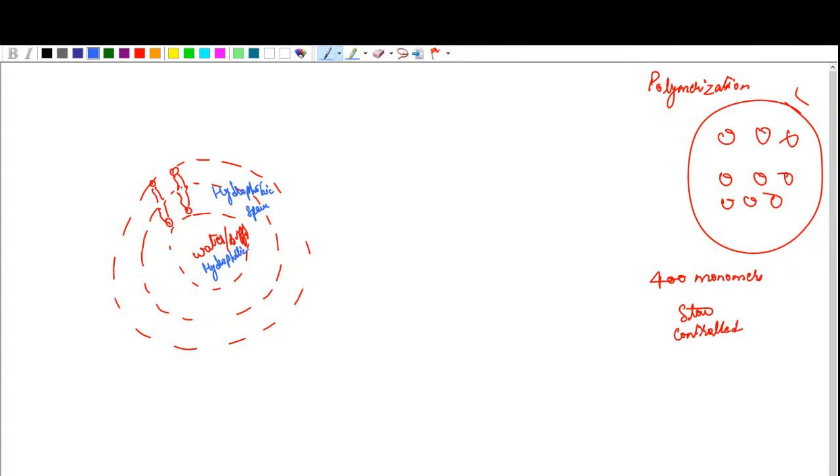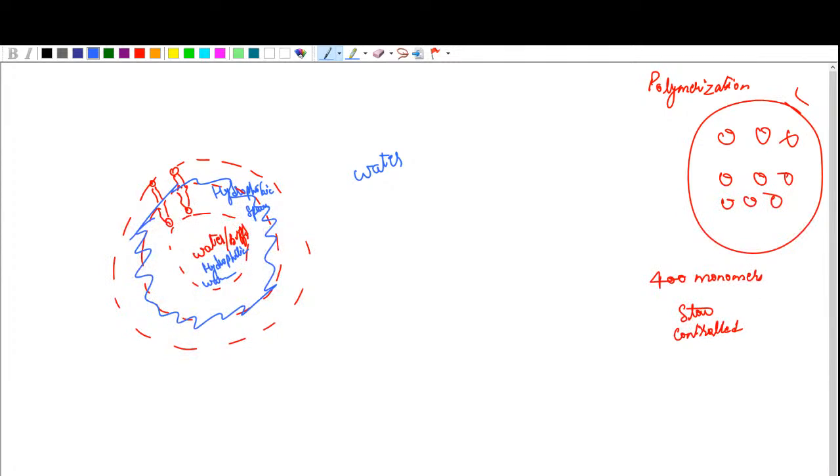So if you have a hydrophobic drug, because it doesn't want to interact with the water here or the water here, it will preferentially go and get encapsulated in this region. And this is what can be used to encapsulate the drug and slowly release it.